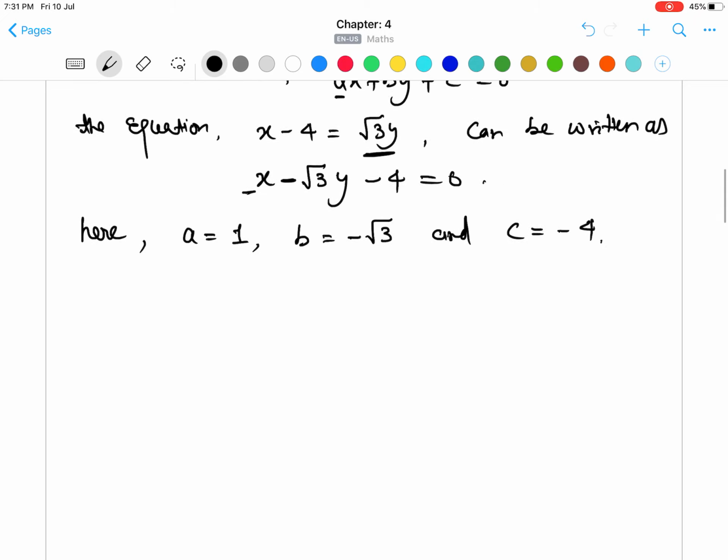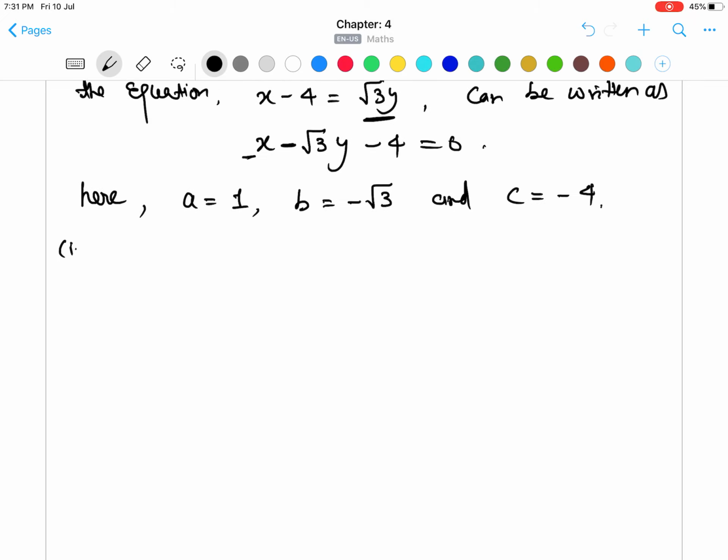Okay, moving to the next part, we have equation 3, which is 4 equals 5x minus 3y. This is our next equation.